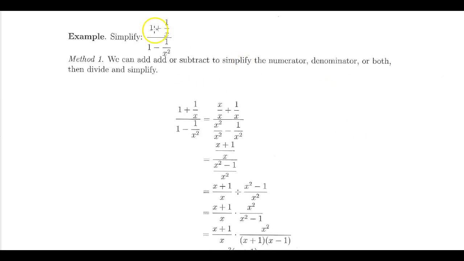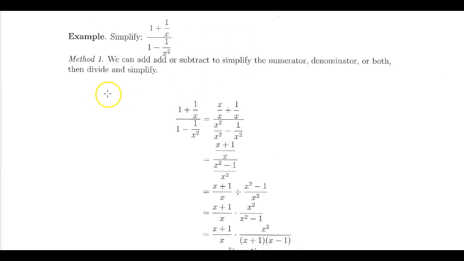So here we want to simplify 1 plus 1 over x, over 1 minus 1 over x squared. Simplifying gets these to a regular simplified fraction where we just have a numerator and a denominator with no fractions in them.